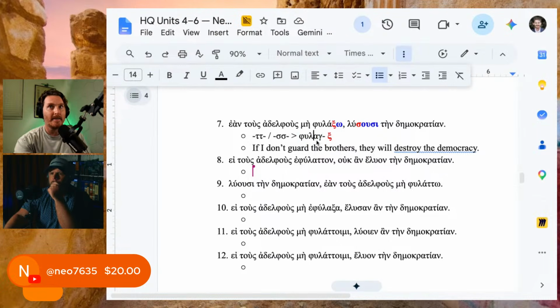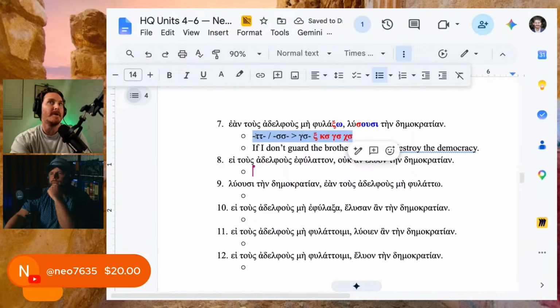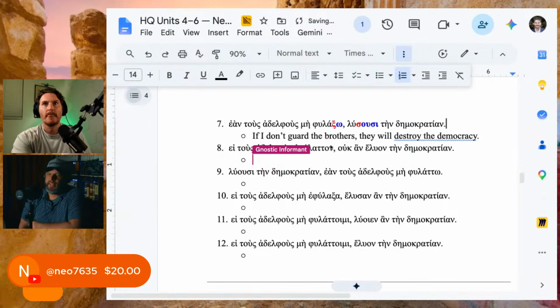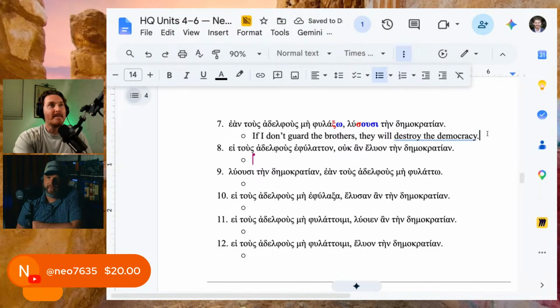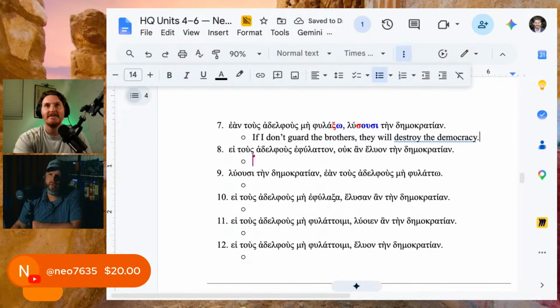And then that g plus sigma is what's giving you x. Which is basically either ks or gs or chs as well. They all become x. It's just funny how these words all morph into each other. Yeah, that's why it's called morphology. Morphologia. Yeah.